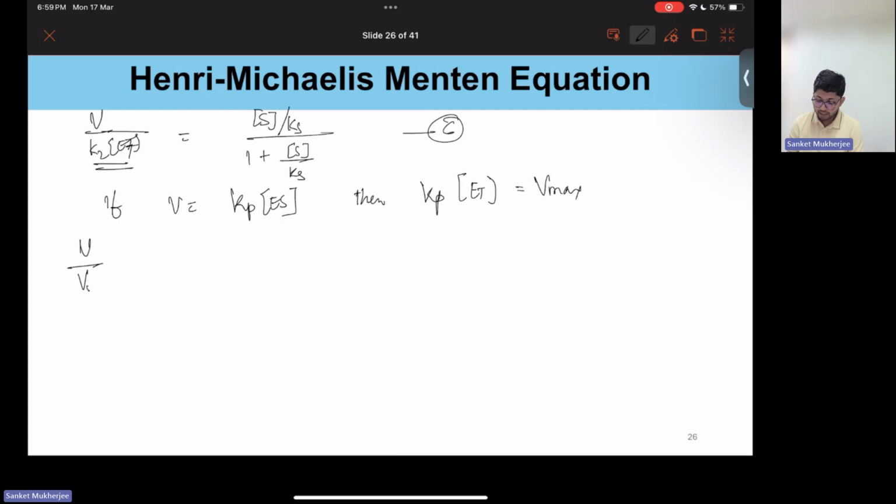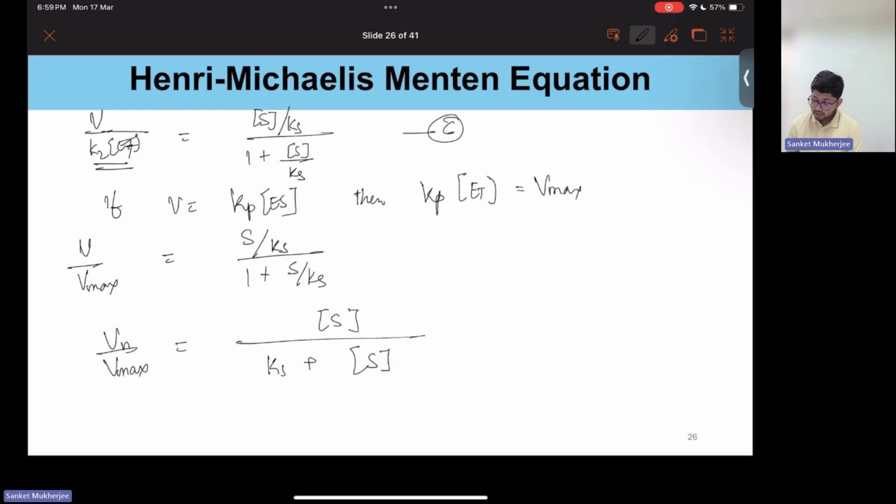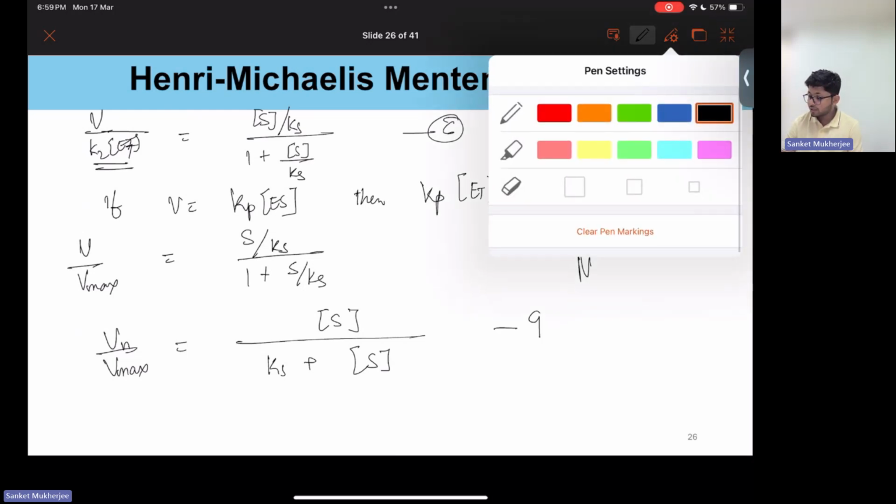So V by Vmax is equal to S by Ks by 1 plus S by Ks. So you can write V by Vmax is equal to S by Ks plus S. This is the derivation of the final equation. And this final equation is called the Michaelis-Menten equation.